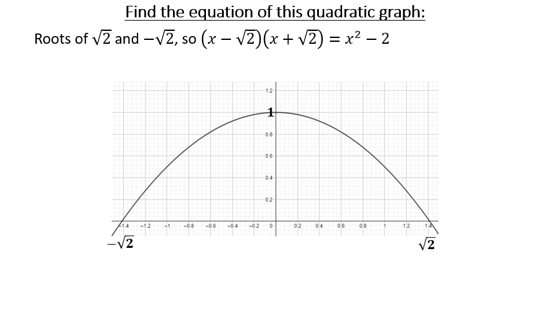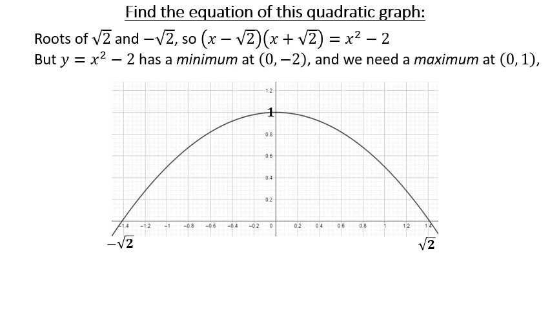However, every single quadratic that goes through the points root 2 and minus root 2 is just a vertical stretch away from any other quadratic that goes through those 2 points. If it shares the same roots, you could stretch it or squash it vertically and convert it into another quadratic with those roots. In this case, we just need to multiply the entire quadratic by negative 2.